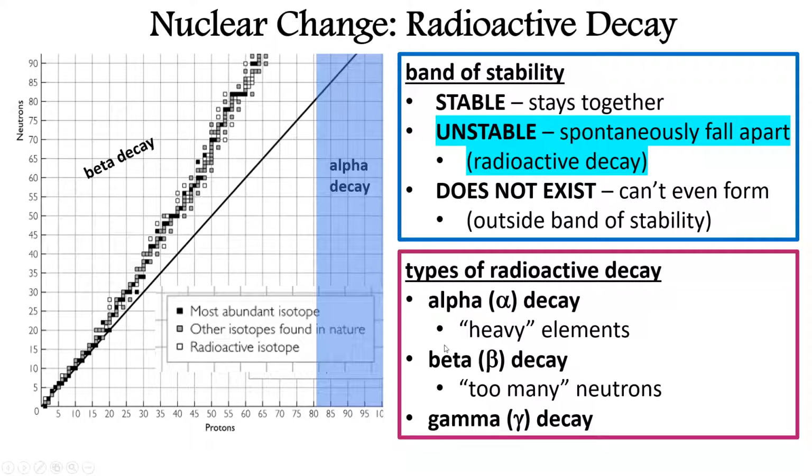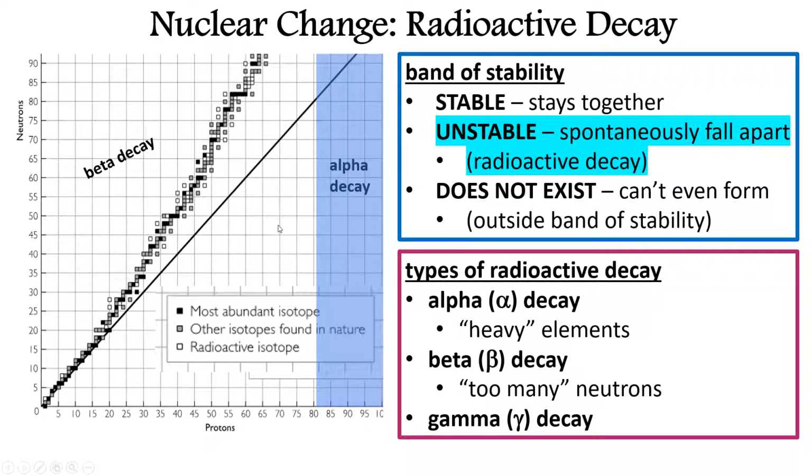Beta decay, usually they have too many neutrons. And so here, you can see that unstable isotopes that fall more on this side of your band of stability are going to have a higher number of neutrons in their proton to neutron ratio. And then gamma decay will happen oftentimes at the same time as alpha or beta decay.